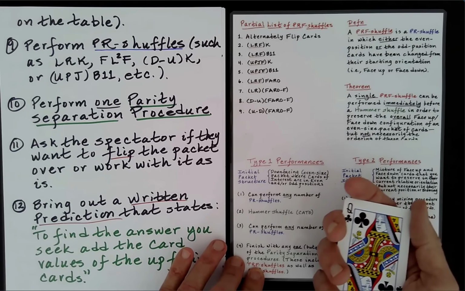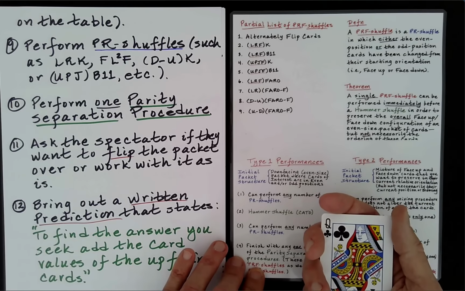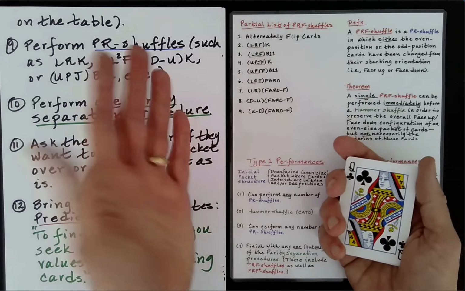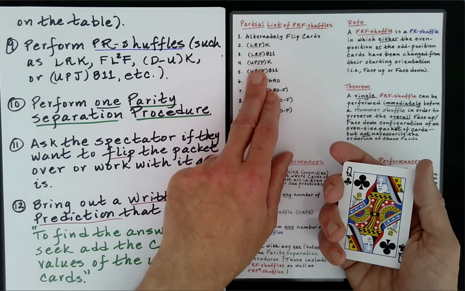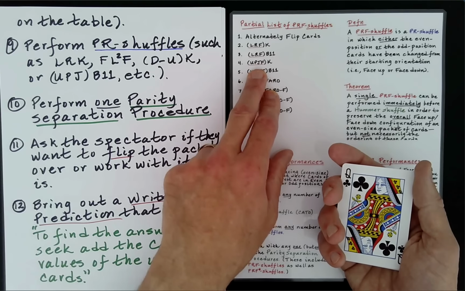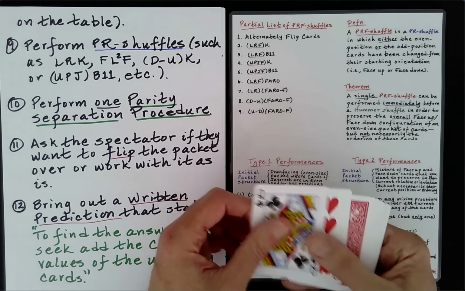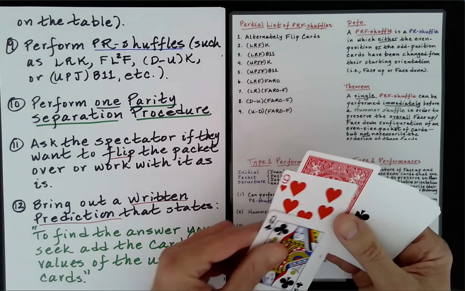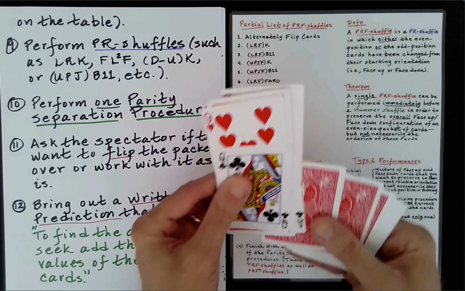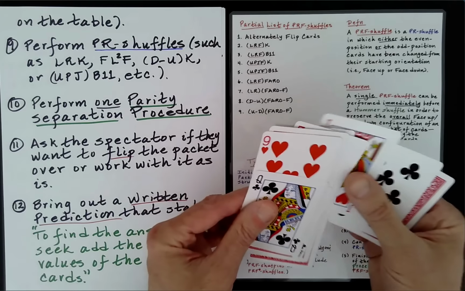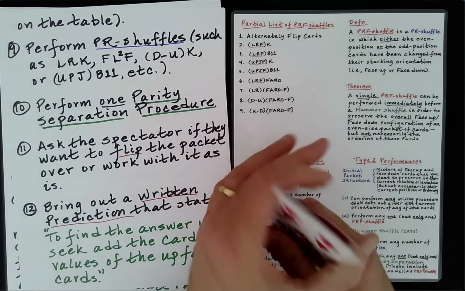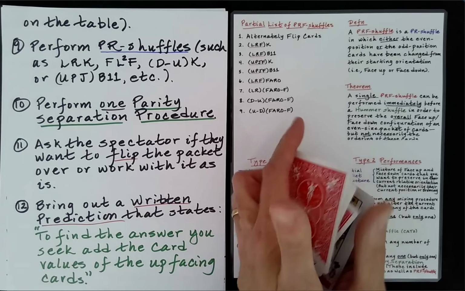They serve as a parity separation procedure. So let's go ahead and we'll do this one up here. So it's an up jog, random flip, and then a Klondike. Okay, so you just do an even up jog, or odd actually, it doesn't matter.